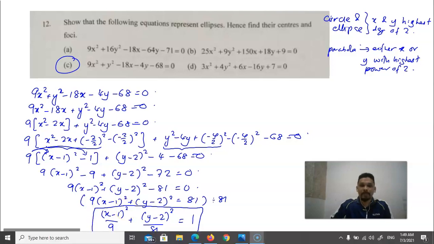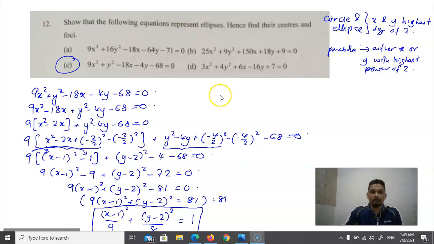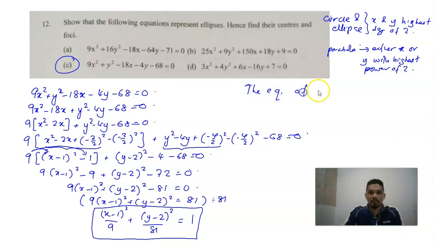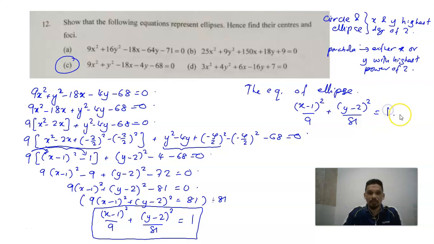I write here the equation of the ellipse for question C: (x minus 1) squared divided by 9 plus (y minus 2) squared divided by 81 equal to 1.